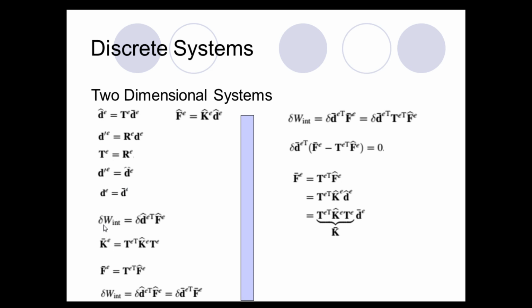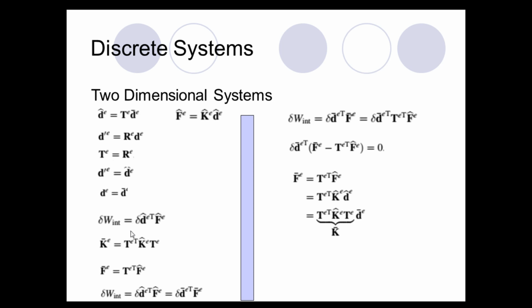Now let's write the work of internal forces. Just assume that hypothetically I make a very small displacement, the delta de hat, and the work done by this displacement is fe hat multiplied by this delta de hat. So this is the work done.